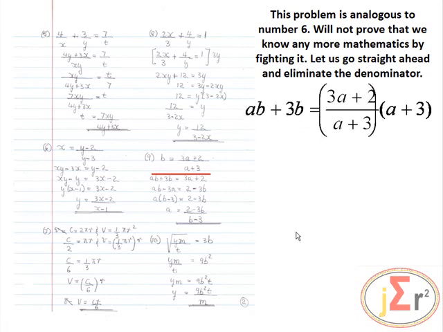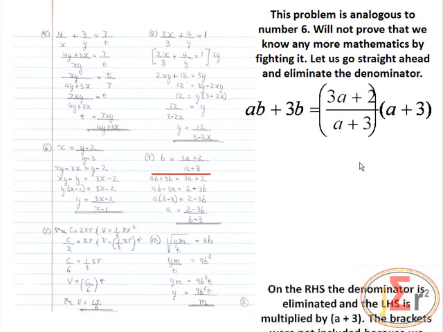Do not forget what I said. I said that we will not use brackets on that left hand side anymore, because it is already understood that we will multiply this b by a and we multiply this b by 3. So we will have b times a is ab, and b times 3 is 3b. So we'll have ab plus 3b, and we are eliminating the denominator on the right hand side.